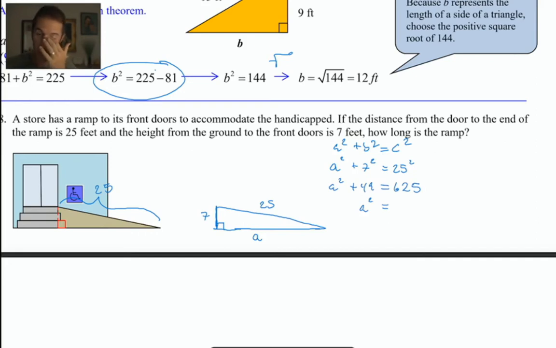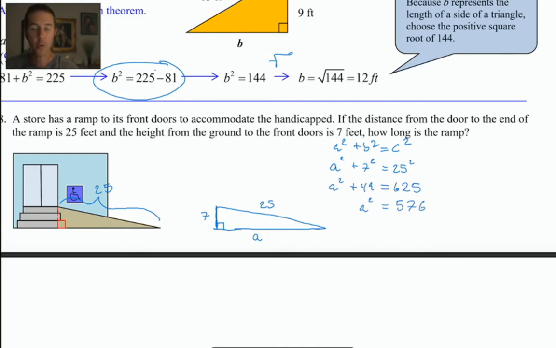Well, 625 minus 50, $6.25 minus 50 cents would be $5.75. But I didn't take away 50 cents. I only took away 49 cents. So you owe me a penny. So 625 minus 50 is 575, plus the penny that you're going to give me back makes 576. There's a little mental math for you.